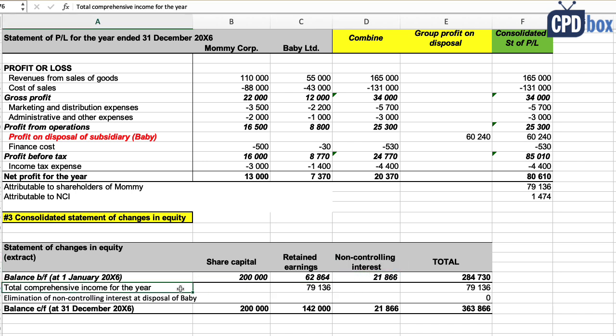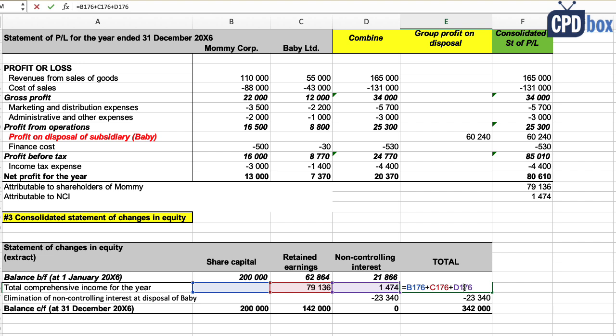Non-controlling interest also changed. First, a part of this year's profit increased non-controlling interest by 1,474. So we take that from the above here. And then we need to eliminate full non-controlling interest because the subsidiary was sold and there is no non-controlling interest at the year end after loss of control. And so we just eliminate it all. The last column are just horizontal totals.